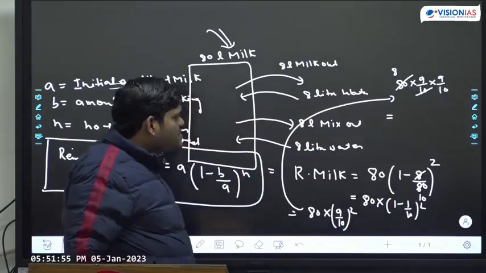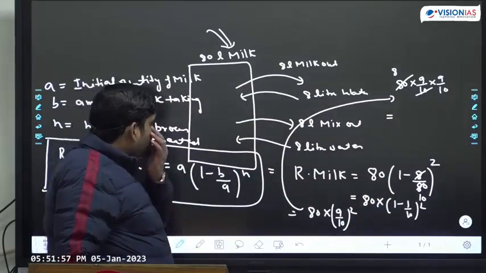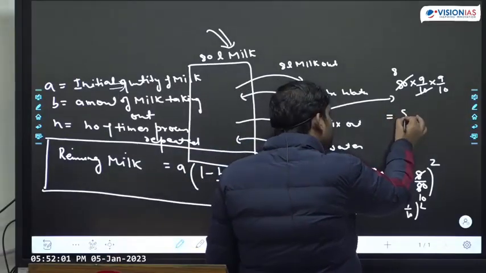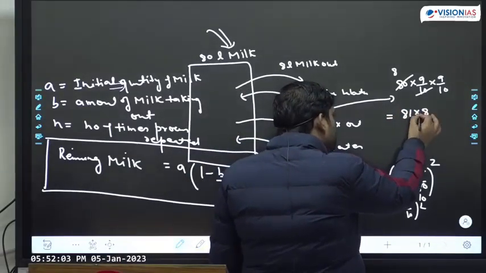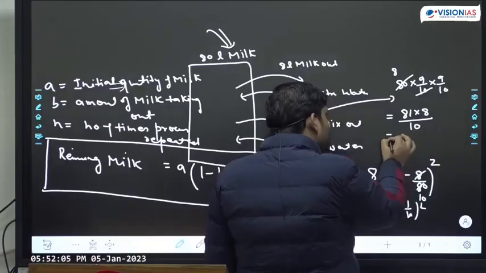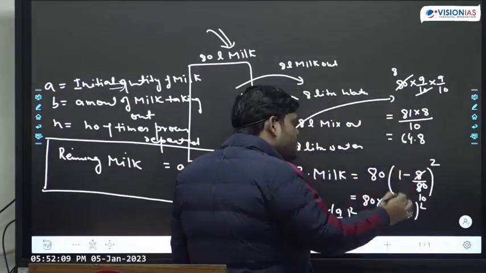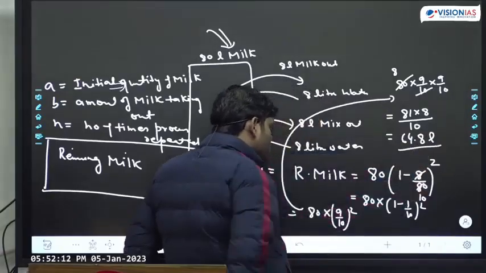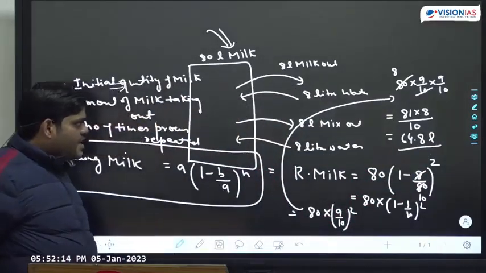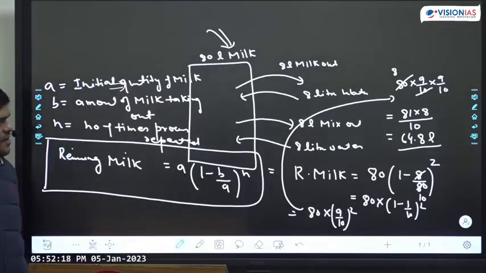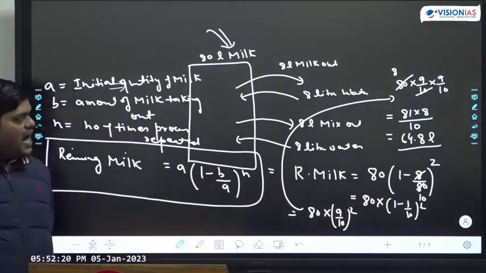We can solve this. 64.8 liter milk will be there after 2 processes.